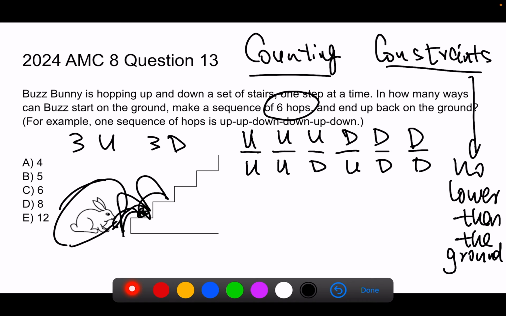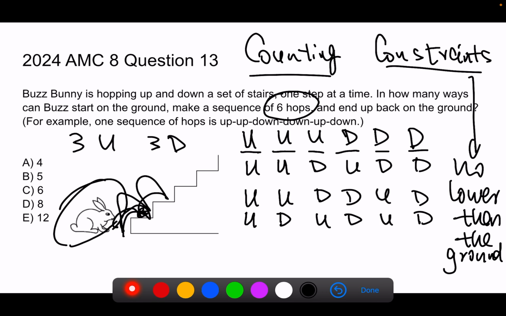Or up, up, down, down, up, down. Again, always make sure you start with up and end with down. What else do we have? You can also do up, down, up, down, up, down.